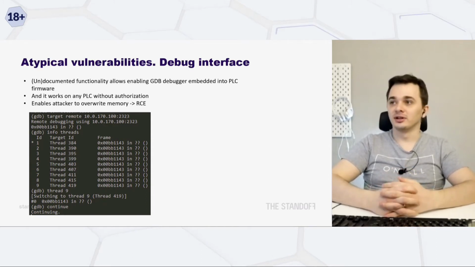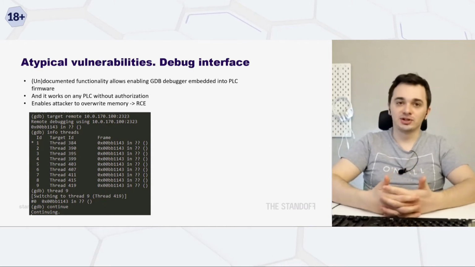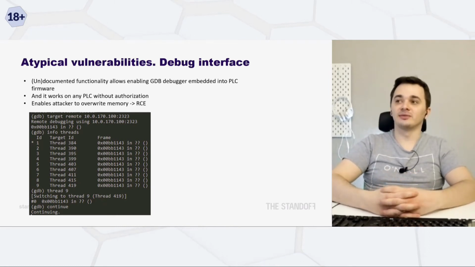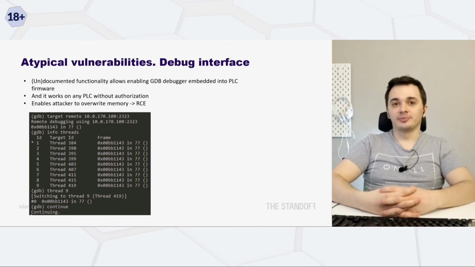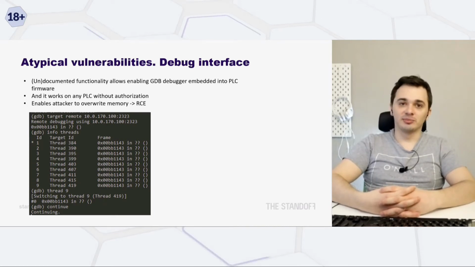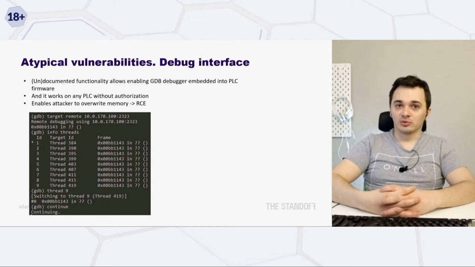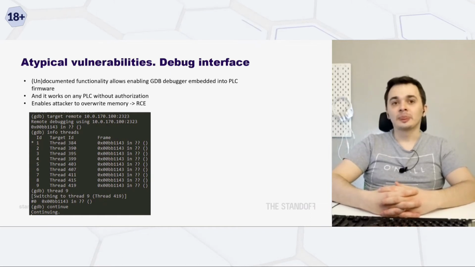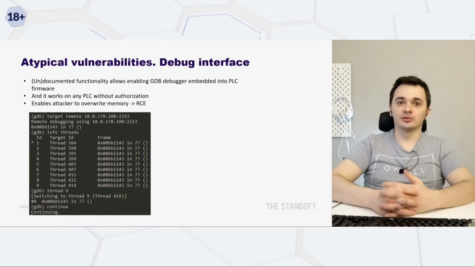Now let's discuss the vulnerabilities that have surprised us, those that I'm calling atypical here. For example, a controller from one of the vendors had a GDB debugger embedded. The controller worked on VxWorks, but for some reason the developers have embedded this GDB debugger.